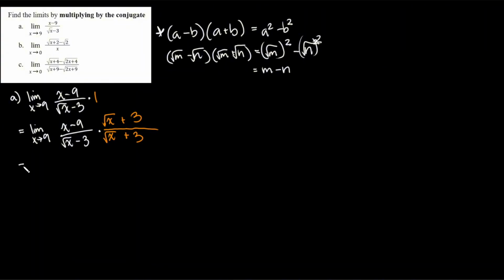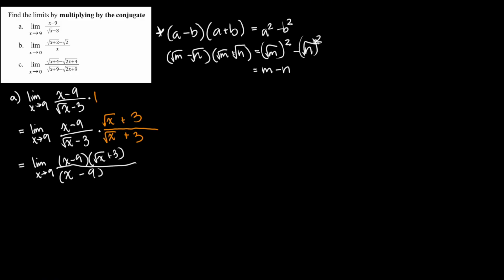And so, if we multiply this out, this will become the limit as x goes to 9 of x minus 9 times the square root of x plus 3. And this bottom part, well, the square root of x times the square root of x is x. And then if you do FOIL, the middle parts cancel out, and then negative 3 times 3 is negative 9.